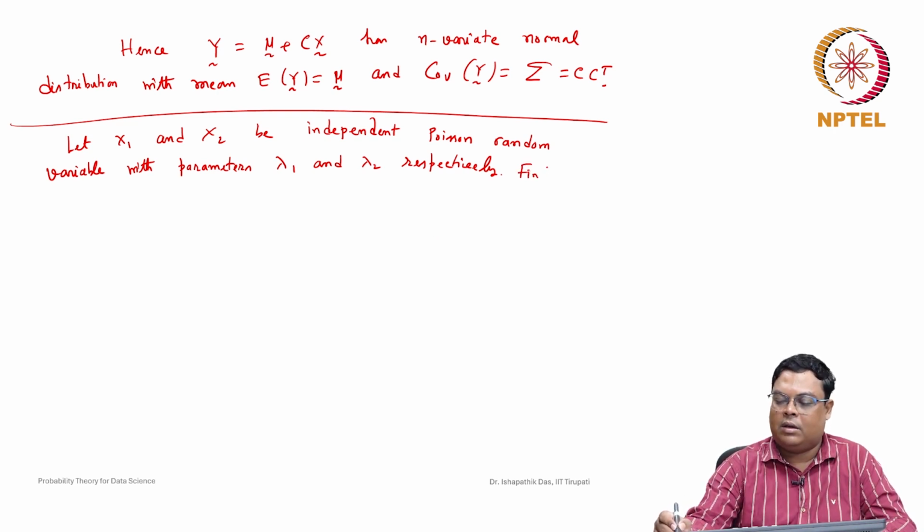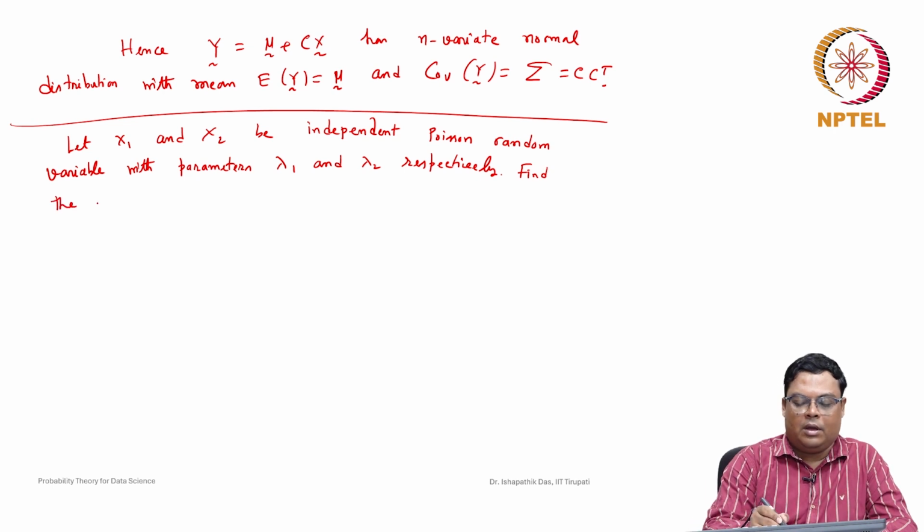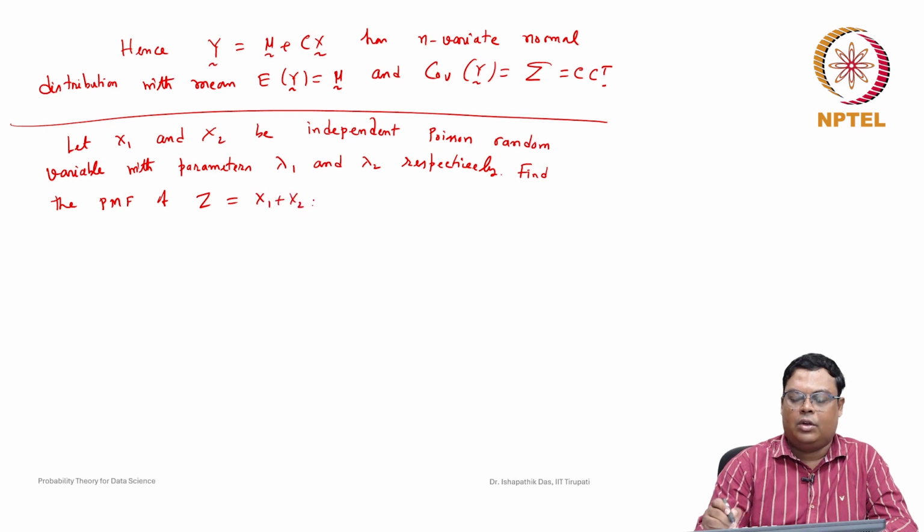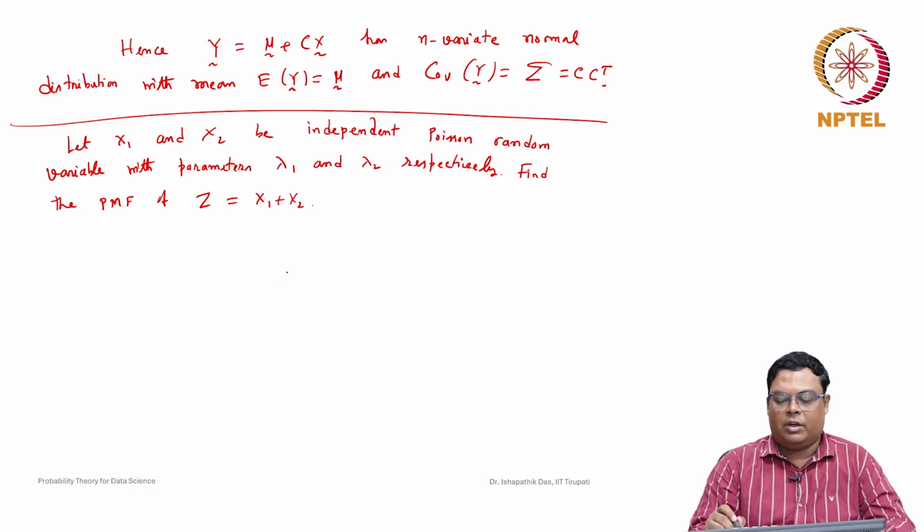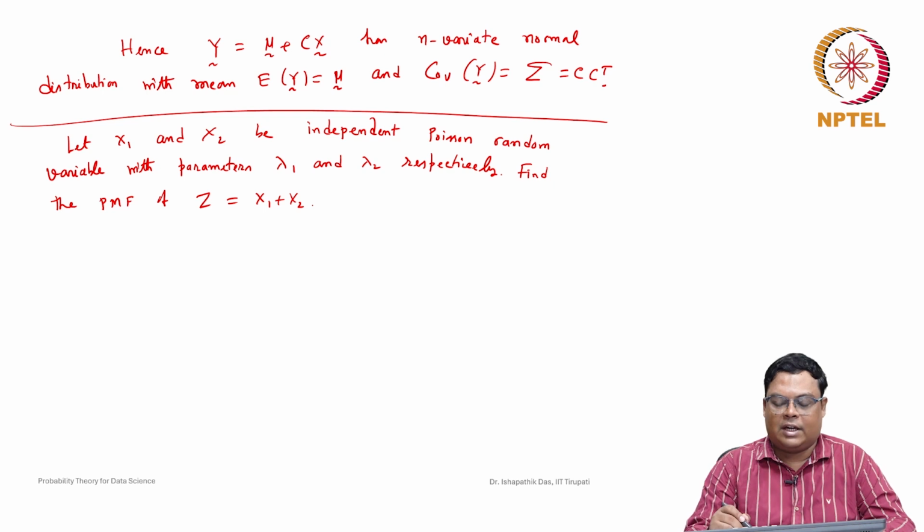Find the probability mass function of z is equal to x1 plus x2. So how can we do that? We cannot use that theorem because it is a discrete random variable.